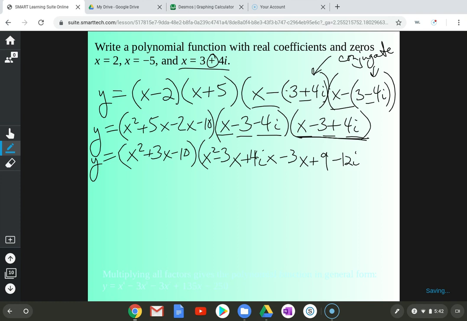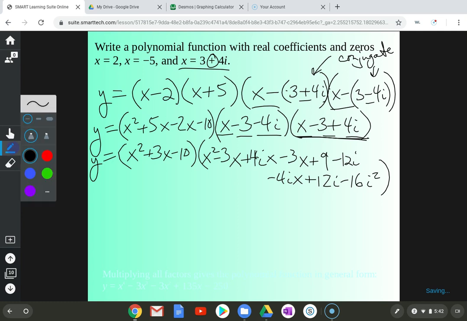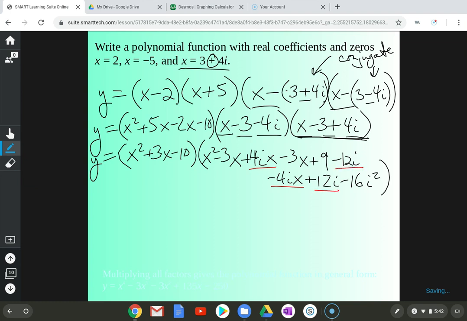I'm going to write down here negative 4ix plus 12i minus 16i squared. Now, if you do this right, all of your i terms should cancel out. Plus 4ix minus 4ix, plus 12i minus 12i.